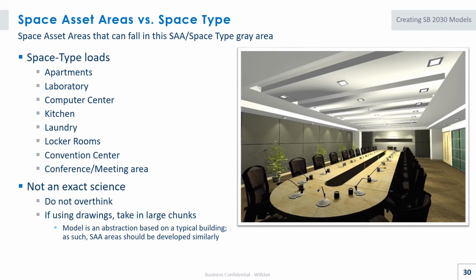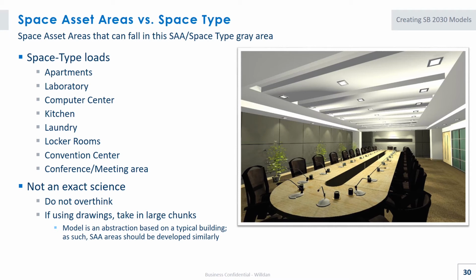There are also some space asset types that are set based on the internal loads being substantially different than others. So an apartment building, for instance, the apartments have kitchens and such, and so that's a very different load than non-apartment spaces. Laboratories, computer centers, commercial kitchens, and others. In general, it's not an exact science.